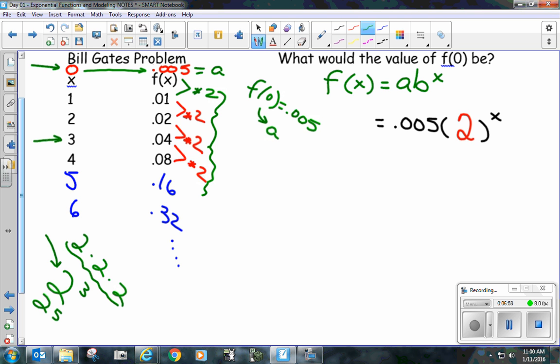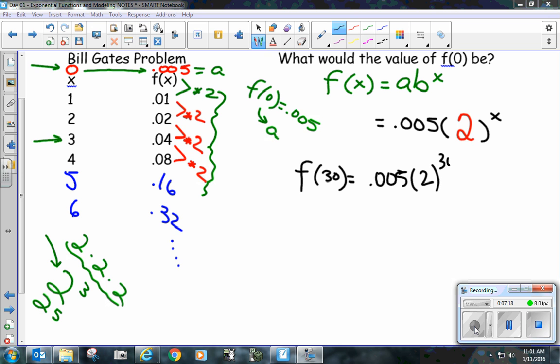In this case, if we go 30 for a month, let's do that. So if I do f of 30, someone tell me what it is. What is f of 30? What is 0.005 times 2 to the 30?